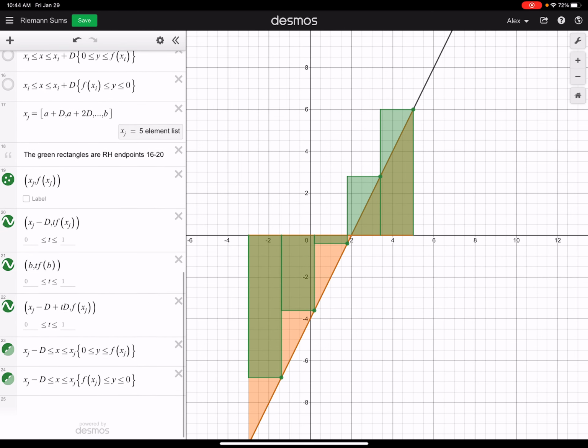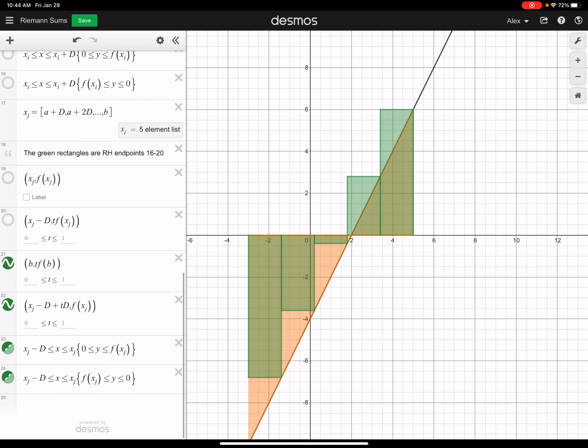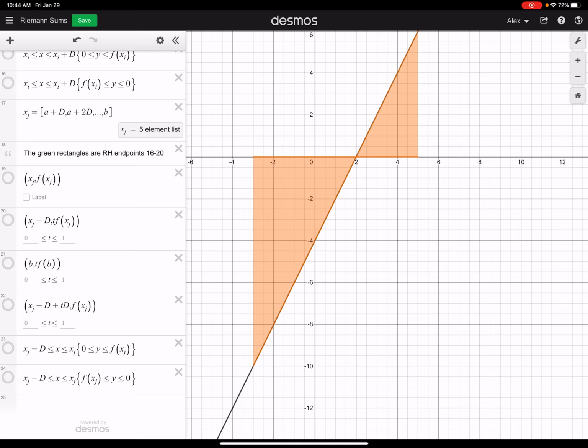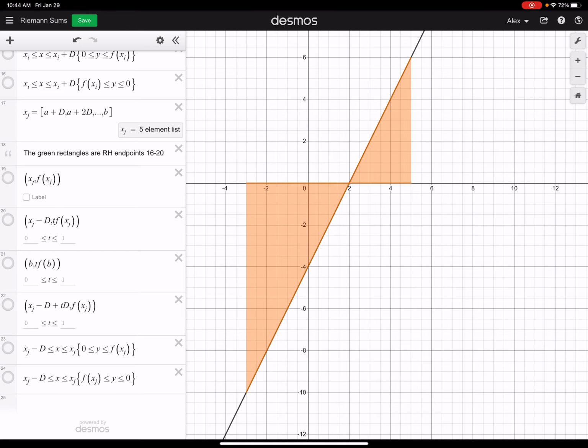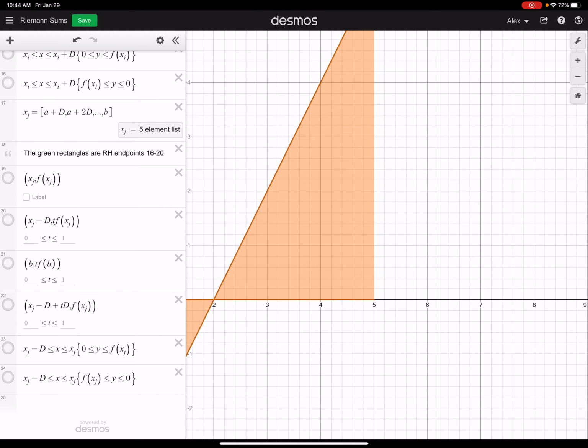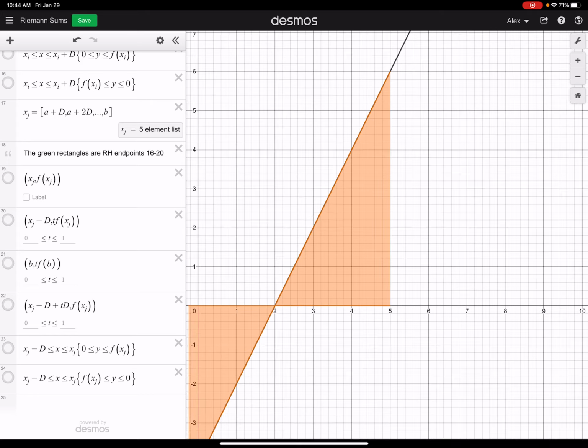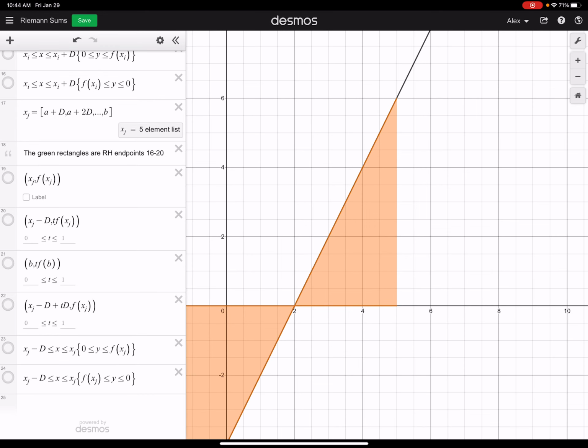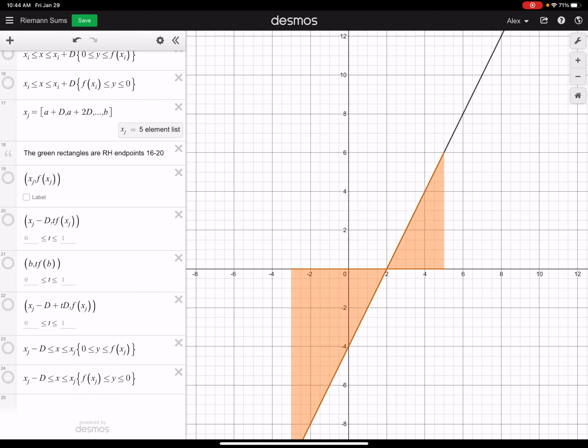If we ignore our endpoint approximations, we can see that it looks like it should be a negative area. We could actually verify this. We've got a right triangle with a base of 3 and a height of 6, so that should be an area of 9.